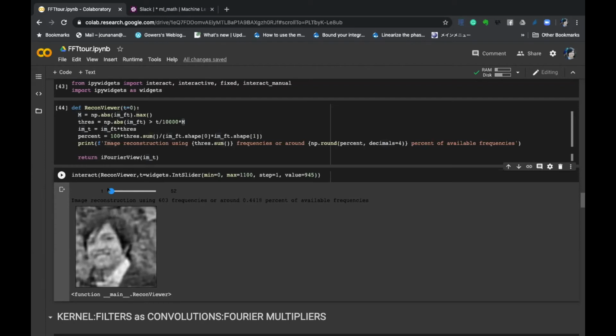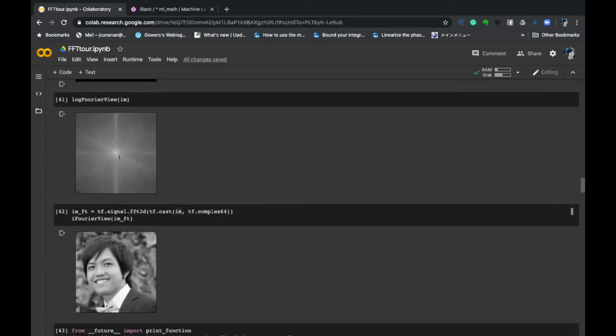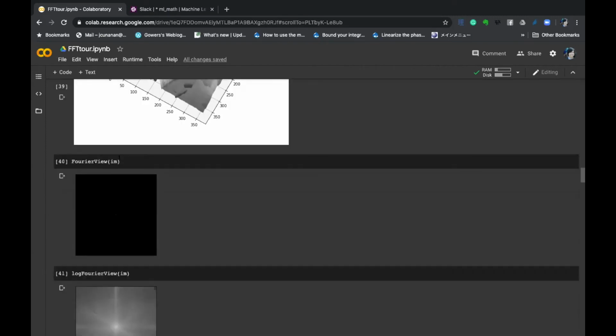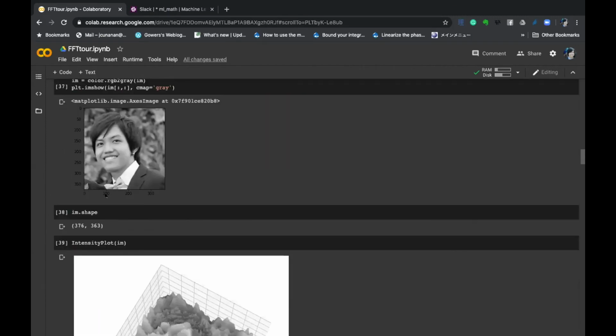So basically the number here, which I think is now 603, is how much you have out of the total. It would be interesting to see how many data points you have in total. Yes, we can look at the size of the image. It's 376 by 363.